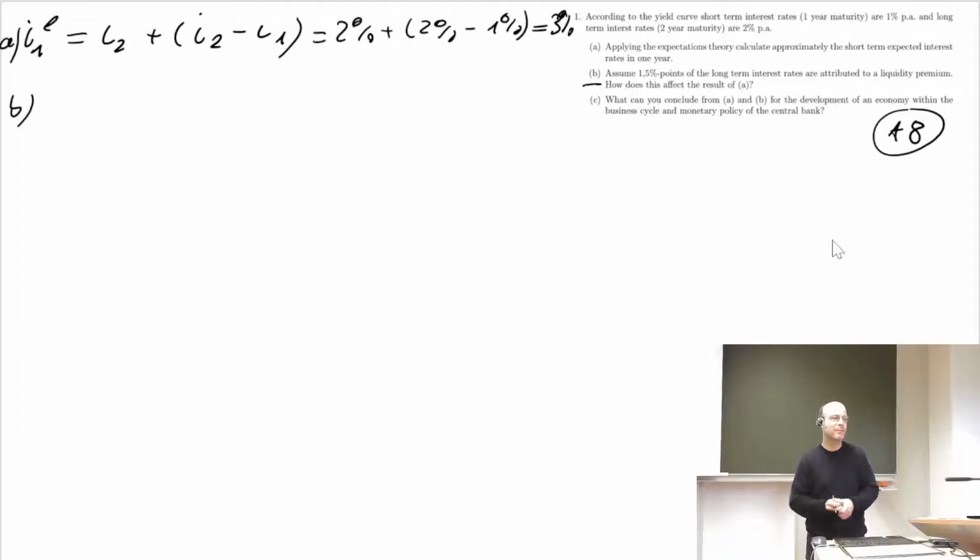But if next year I want to make a large holiday journey and I need 5,000 euros, then I don't have it. Because of this, in general, we assume that the longer I give my money to somebody else, the higher I want to be paid for this, because for this time I don't get my money.